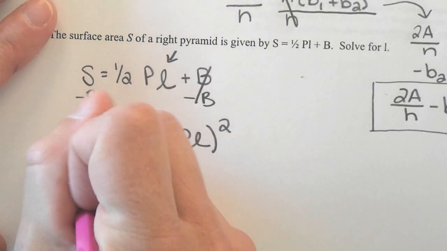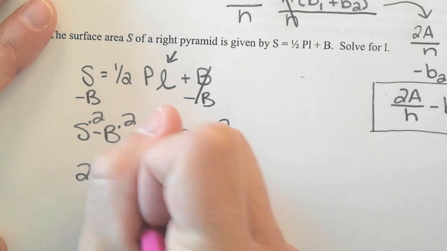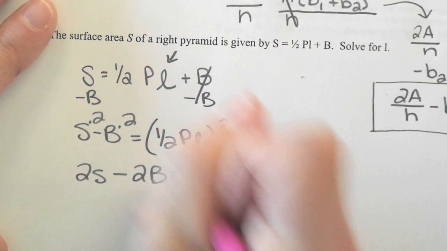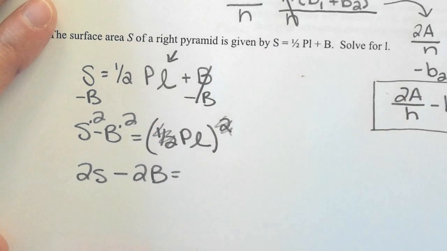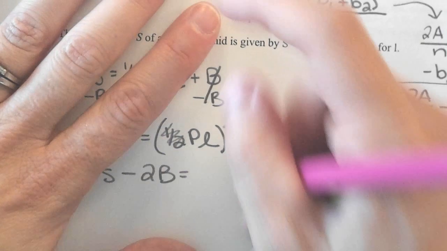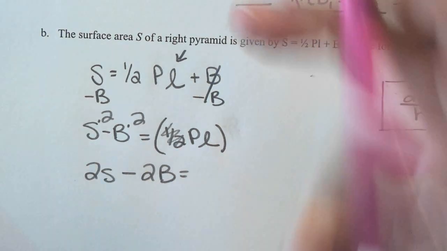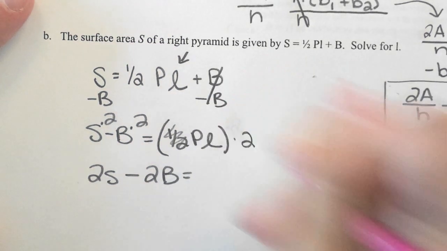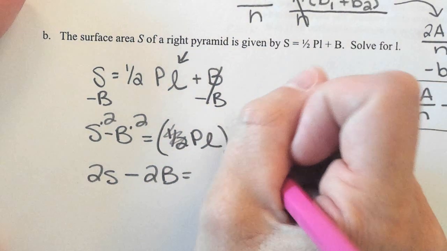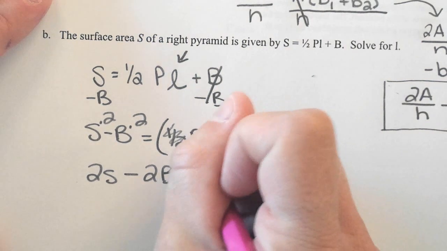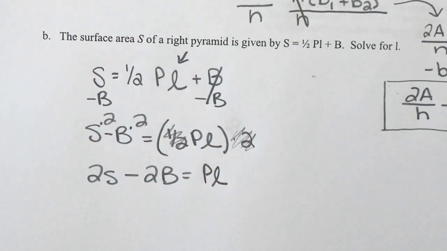So on the left, I have 2S minus 2B equals, these are going to counteract or undo each other. And let me write that 2 better, because I'm not really squaring, I'm multiplying by it. I didn't like where it was floating up there. So on the right, I just have my p and my l now.